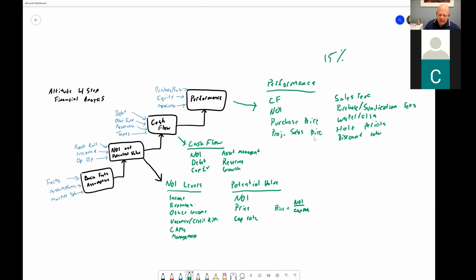But if you change any one of these things, you're suddenly going to have a change in that 15%. I mean, not really the potential value. This is there more for brokerage than specifically for what we're underwriting for here, but nevertheless.